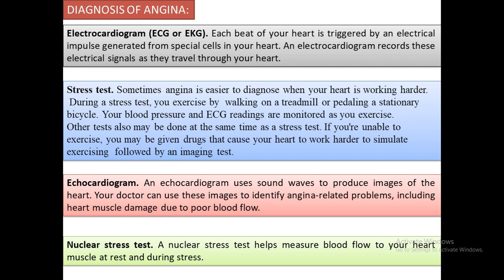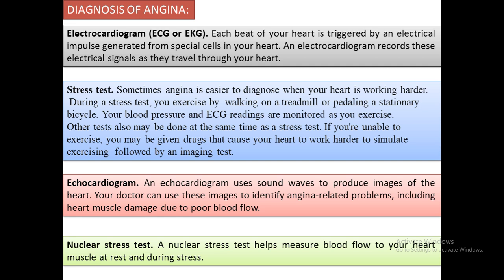During a stress test, you may be advised to exercise by walking on a treadmill or pedaling a stationary bicycle. At that time, your blood pressure and ECG reading are monitored as you exercise. Other tests may also be done at the same time. If you are unable to exercise, you may be given a drug that increases the workload of the heart and simulates exercise, followed by an imaging test.